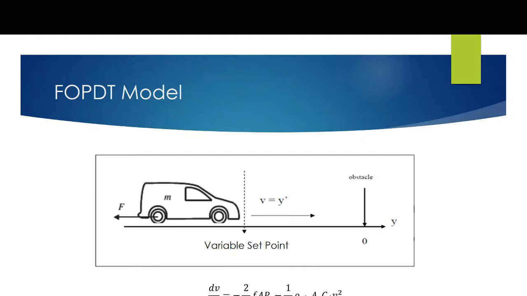In our equation down here, m is the mass of the car, F is the friction factor between the brake pad and the wheel rotor, A is the area of the brake pad, and P is the brake fluid pressure. In the drag part, rho is the density of the air, A is the cross-sectional area of the front of the car, CD is the drag coefficient, and V is the velocity of the car at a given moment in time.